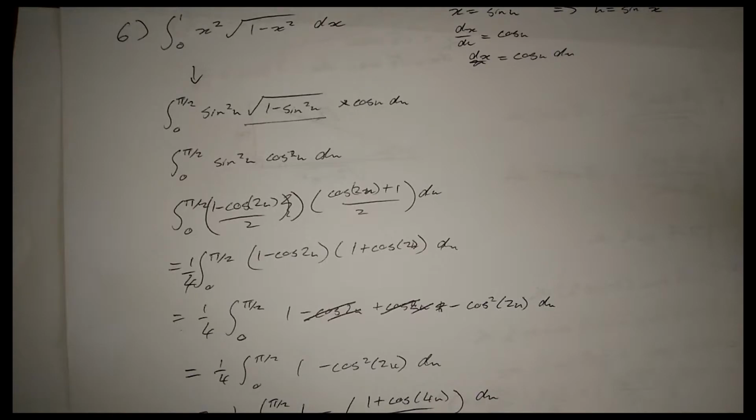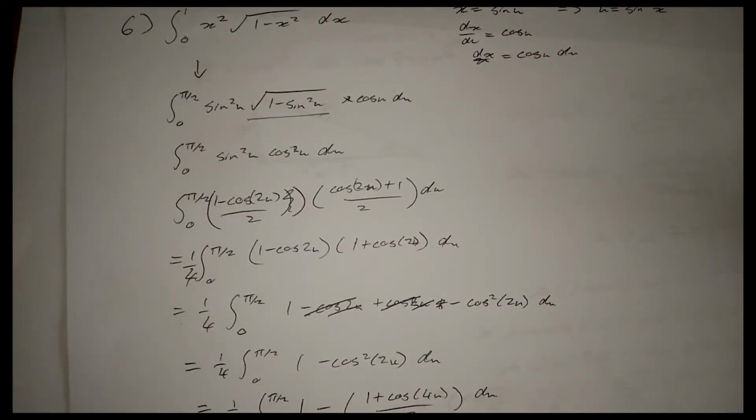So 1 minus a half minus half cos 4u du. So that's just the integration of a half.